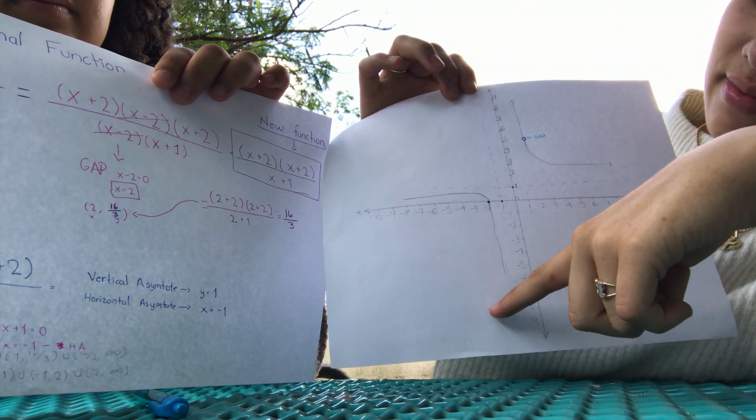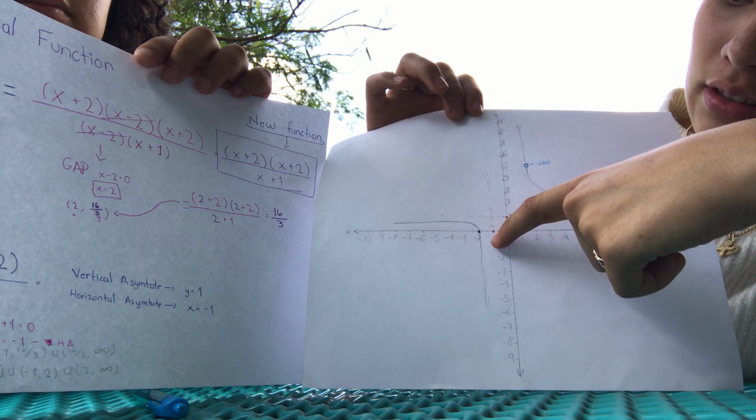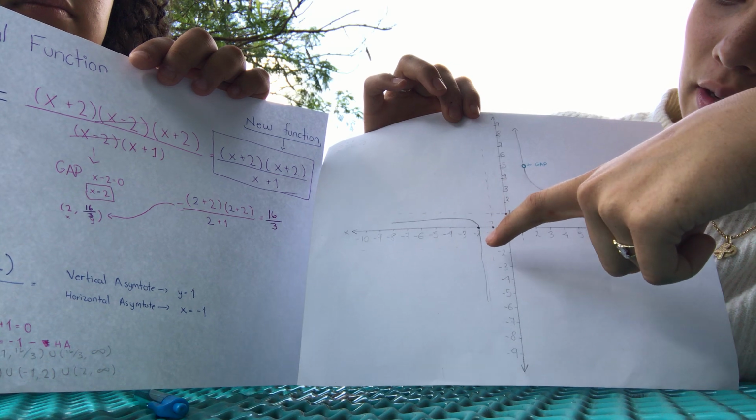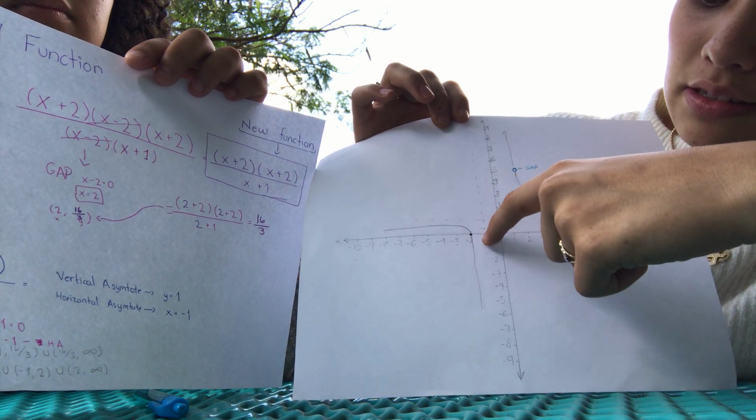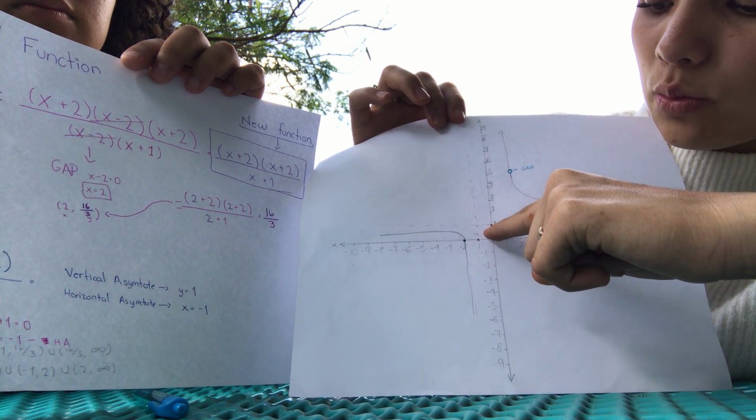And then here we have the horizontal asymptote, which is minus 1, and the vertical asymptote, which is 1.